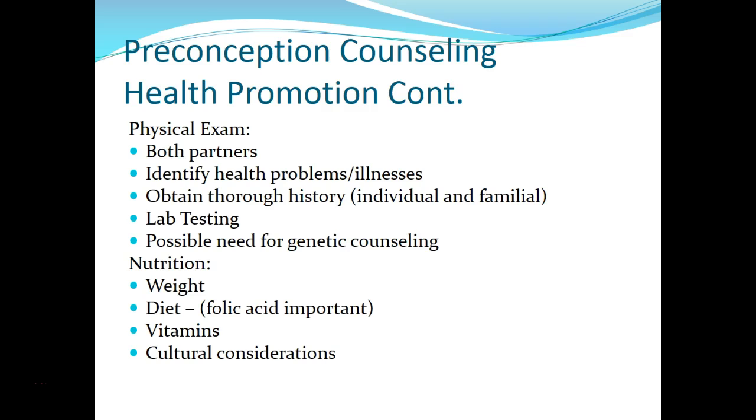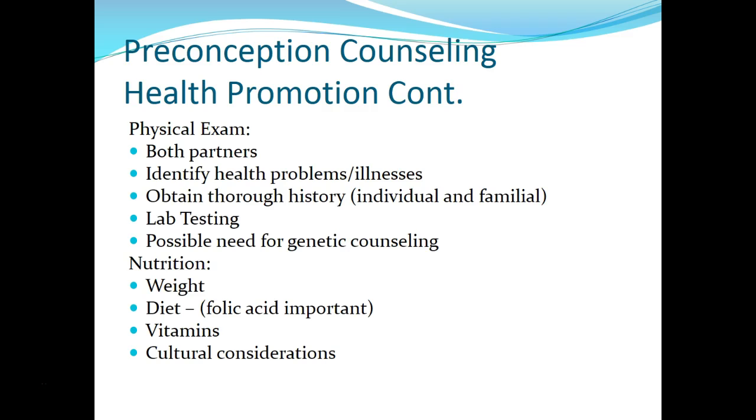We want to know about any genetic abnormalities, any chromosomal abnormalities in the past. Or let's say, for example, we have a history of sickle cell in the family. Those are all things that we want to be aware of. Both partners potentially may need lab testing.